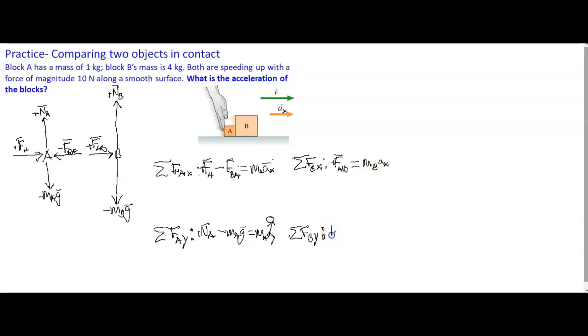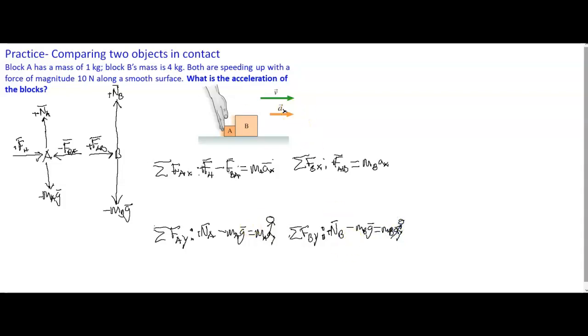Right, that seems done. In the y direction, I have block B's normal force pointed up, and I have block B's weight pointed down, and that's equal to the mass of block B times the acceleration in the y direction, which is 0.